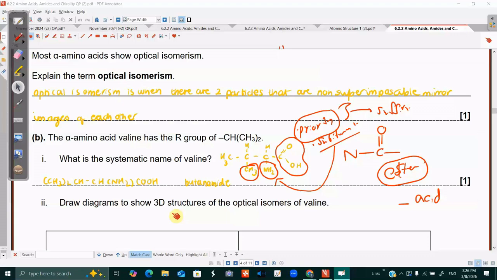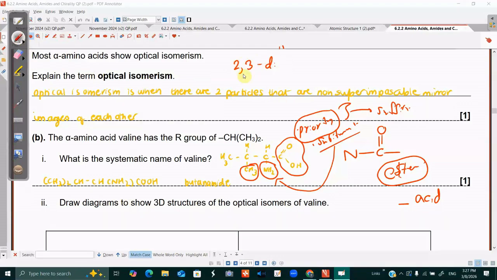Is it correct then? Okay, let's check. 2-amino. It must be a dash, right? You can't leave a comma. You don't put commas in organic compound names, except, for example, when you have two numbers, like 2,3-dimethyl.